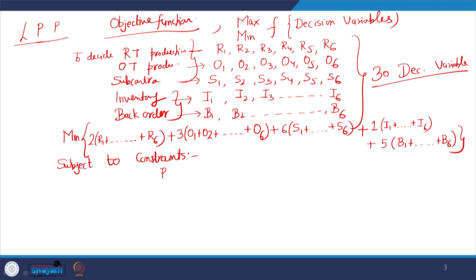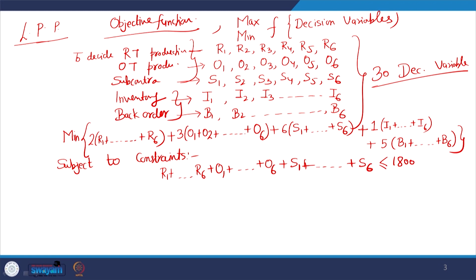So, R1 to R6 plus O1 to O6 plus S1 to S6 should be less than or equal to 1800.